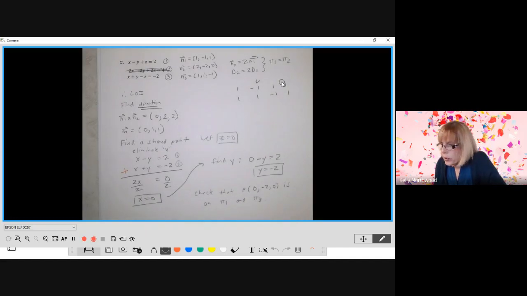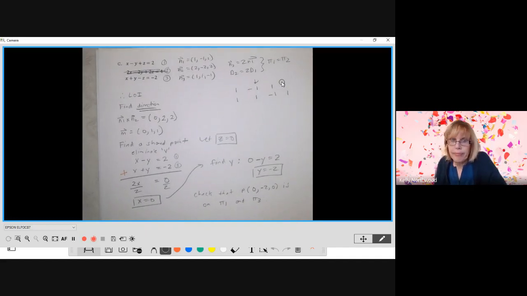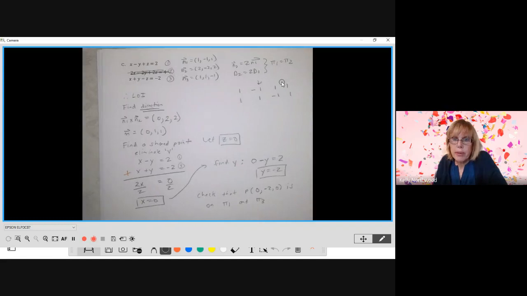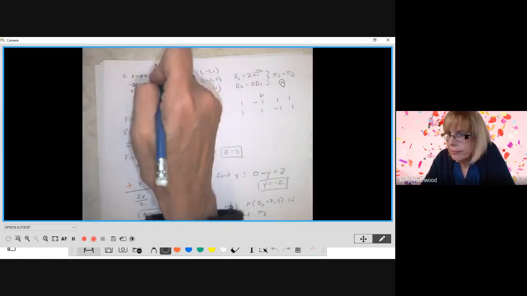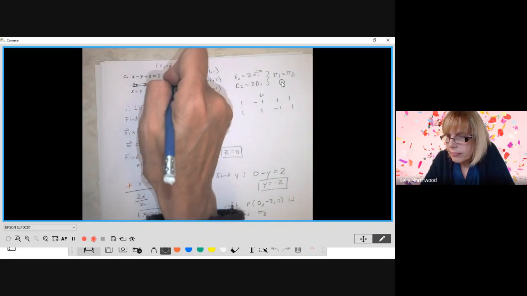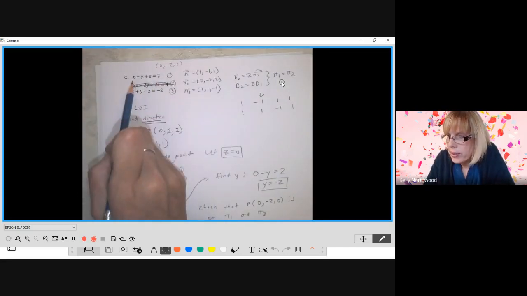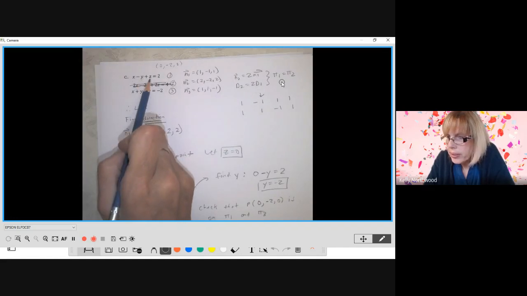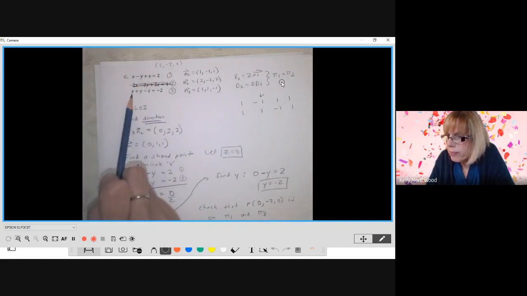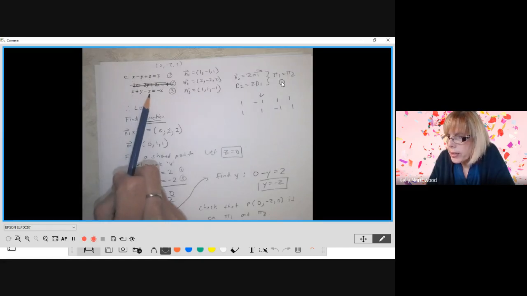And we can do that visually again. So if you're subbing 0, -2, 0 in up here, you'd get 0 minus -2, which is 2, plus 0, 2 equals 2, we're good. 0 minus 2 is -2 minus 0.